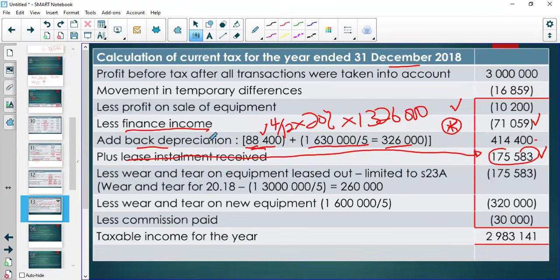SARS wants you to add it back because they want you to subtract the wear and tear. So the wear and tear is based on two amounts. The first one is 1,300. Remember, we added a 26 commission, but I told you commission is not added. Then the other is 1,600.